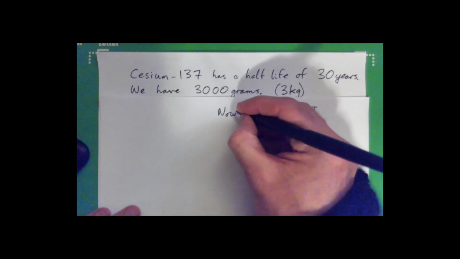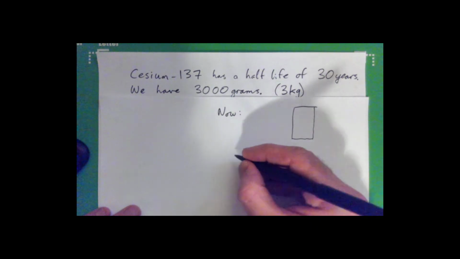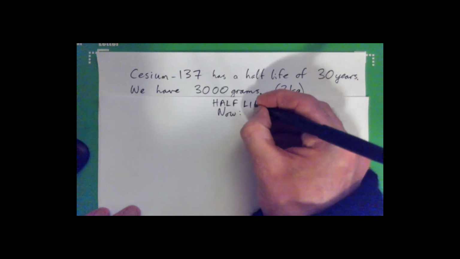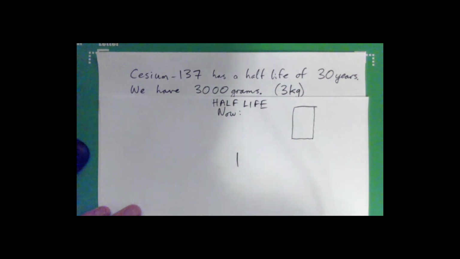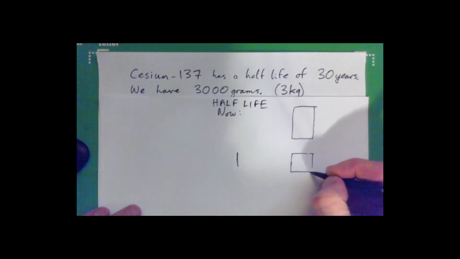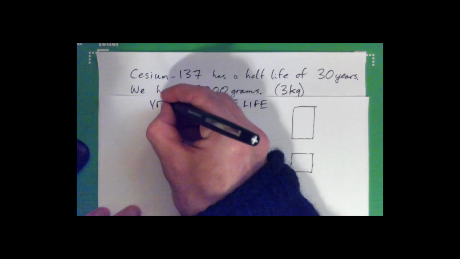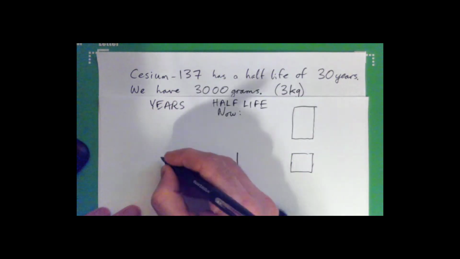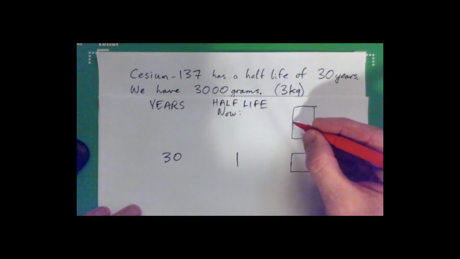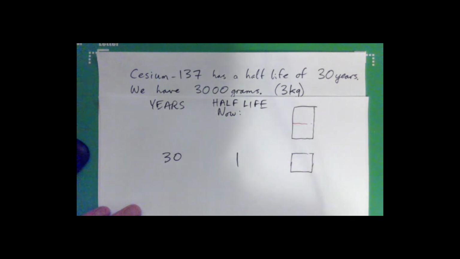And after one half-life, now if we think about half-lives, after one half-life, we're going to have half of it remaining, and half of it will have decayed. And if you think about years, that's in 30 years' time. In 30 years' time, half of this will have decayed, so we'll have half of it left.